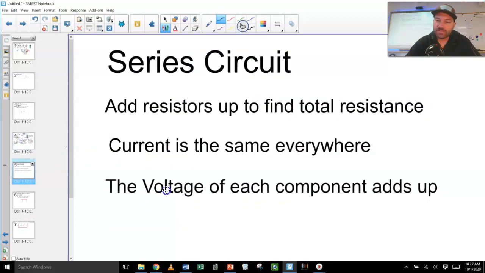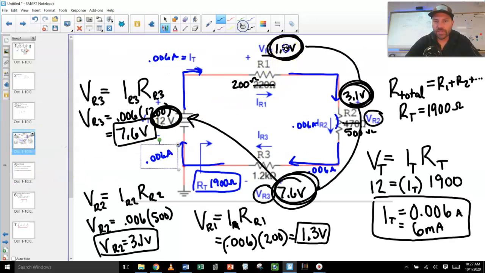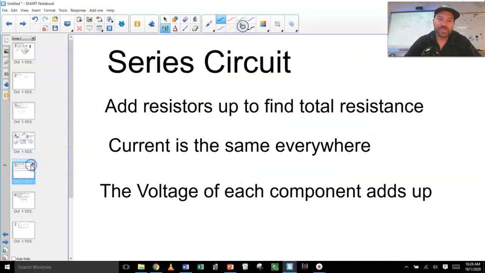And then the voltage of each component is going to add up. So this voltage, 1.3 plus 3.1 plus 7.6, these are going to add up to my total voltage, which is 12 volts. A parallel circuit, they're all exactly the opposite.